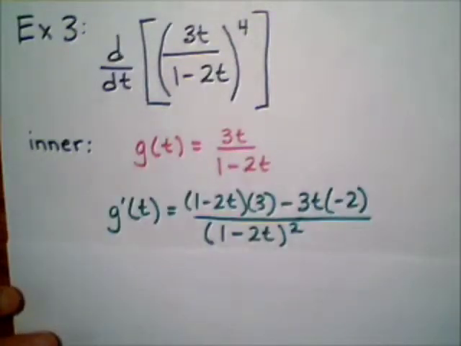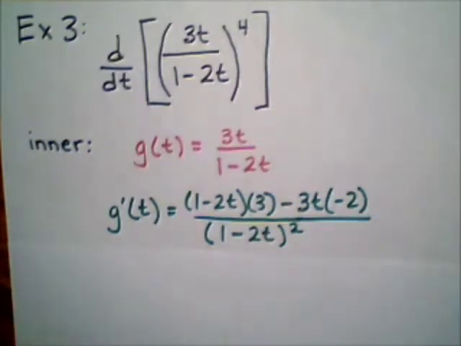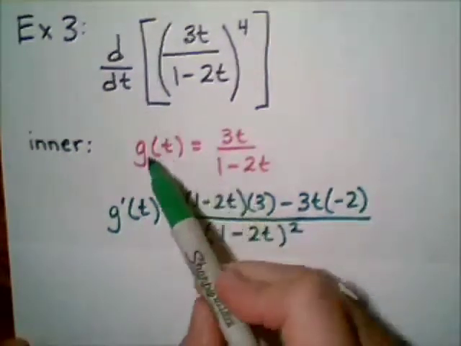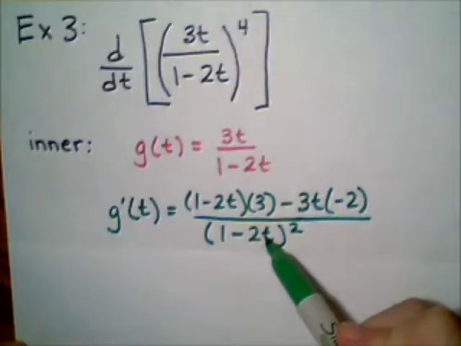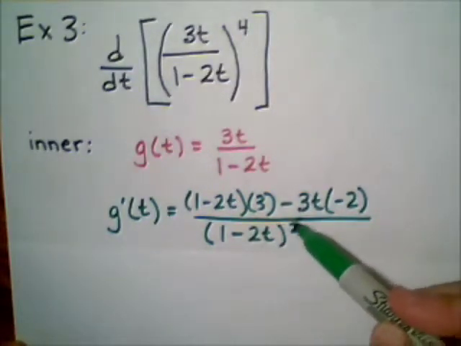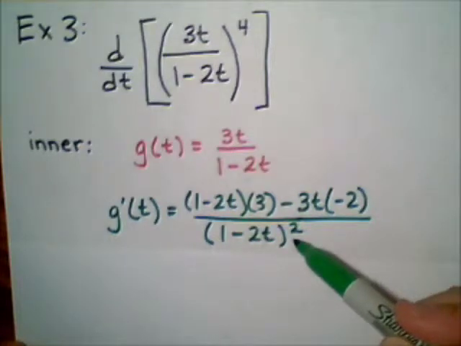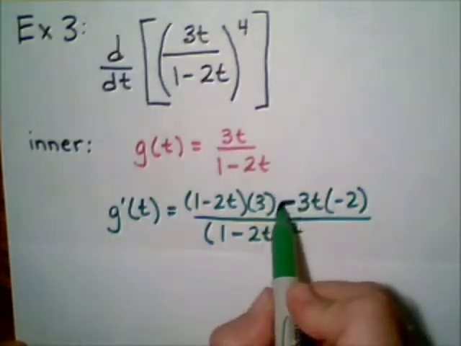And then I'll apply the quotient rule to get g prime. Remember that the derivative of a quotient is another quotient. The denominator of my derivative is going to be the square of the original denominator. And then in the numerator, I have this difference.